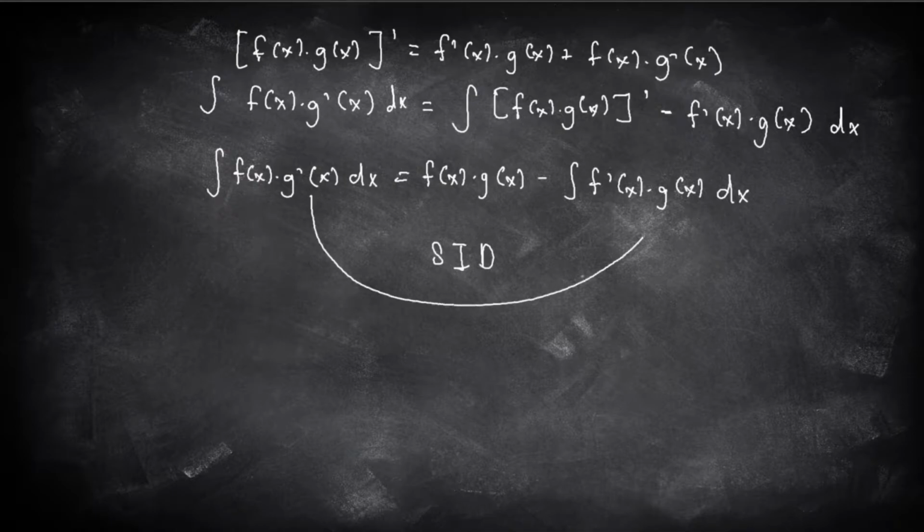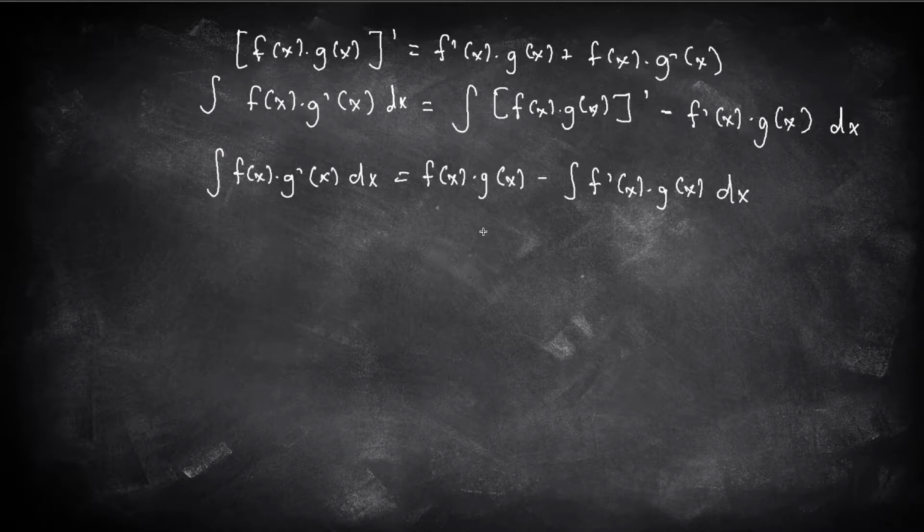So the first one we leave the same, the second one we take the integral, multiply them with each other, minus the integral of the derivative of the first one and the integral of the second one, which we already calculated right here. So this is like a mnemonic to kind of remember it.